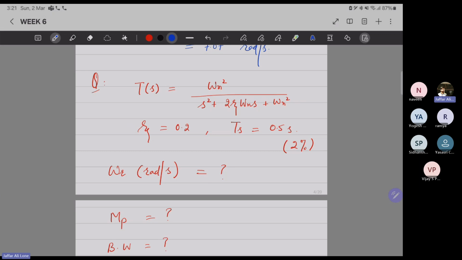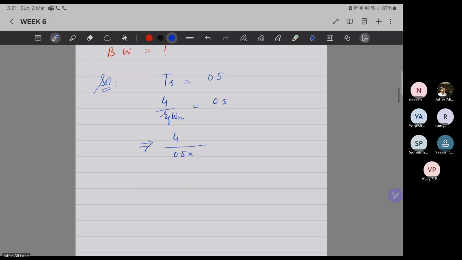So, okay, we need to find omega n. It means omega n is 4 over 0.2 into 0.5, so 0.2 into... yeah, sorry, zeta 0.2. So omega n will be 40. So you got natural frequency.